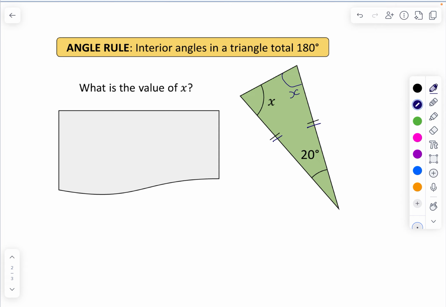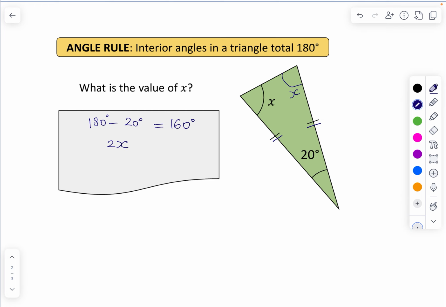So we know that these both angles together plus 20 should be equal to 180. 180 take away 20 is 160 degrees. So we know that this 160 degrees is the size of both angles x and x at the top.